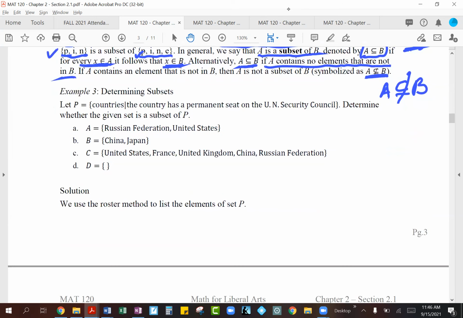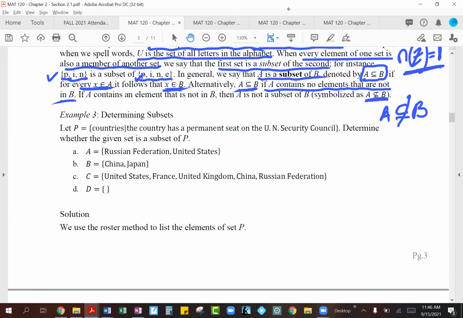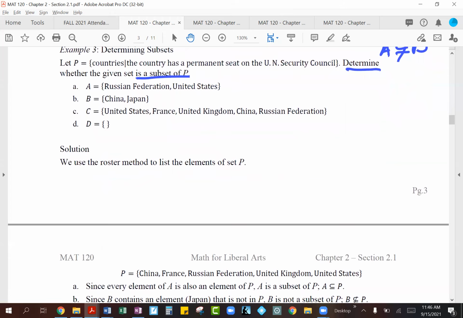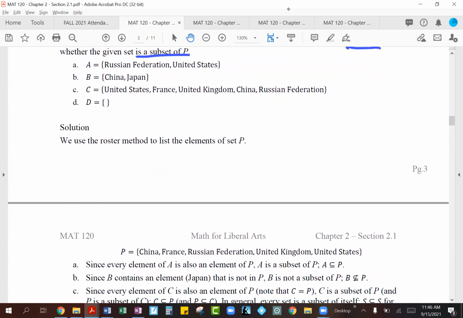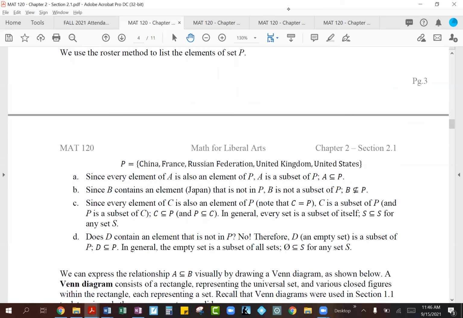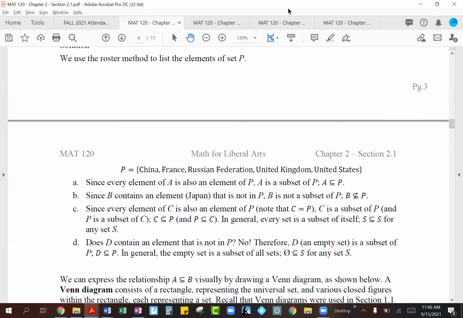So you can see again, more examples over here talking about countries that have a permanent seat on the UN Security Council, and they wanted to determine whether the given set is a subset of P or not. So, in this case, of course, then you would need to know what countries have a permanent seat on the UN Security Council. And then based on that, you can come up with your examples.